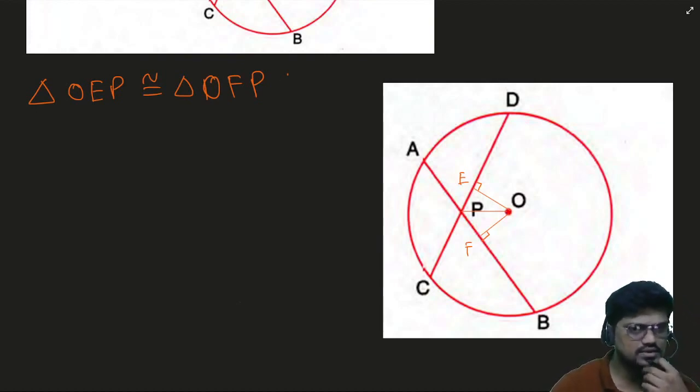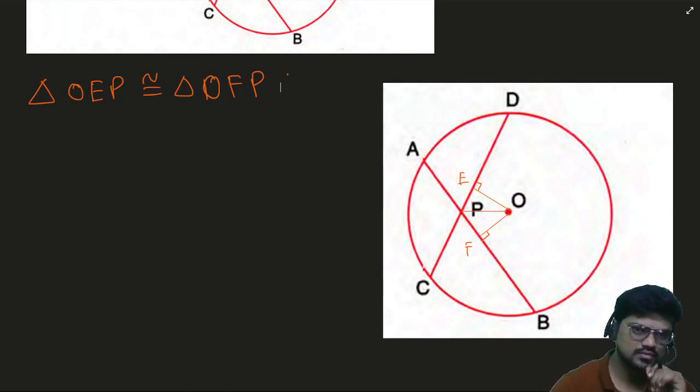Okay, why is it 90 degrees? OFP is equal to OEP, both are 90 degrees. That is one. Next, sir, OP is equal to OP because it is the common side. Okay. And sir, when we bisect it because of equal chords, then both EP and PF are equal.